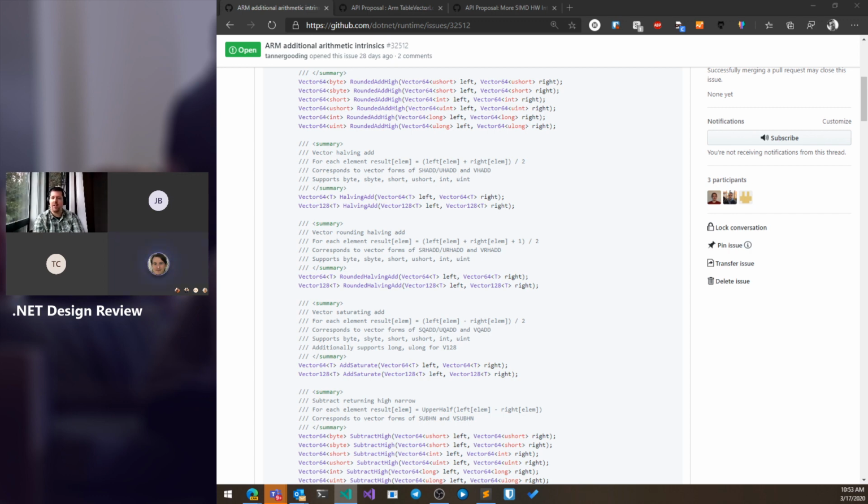I think your comment for add saturate might be wrong, Tanner. Yeah, I was just looking at that. It's definitely meant to be a plus there, and there's supposed to be a comment that says it saturates that result. Yeah. What does saturation mean? You don't overflow from positive to negative or vice versa.